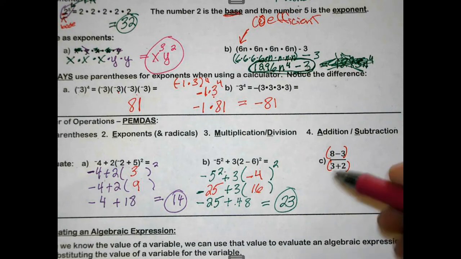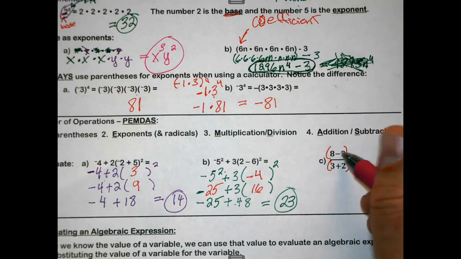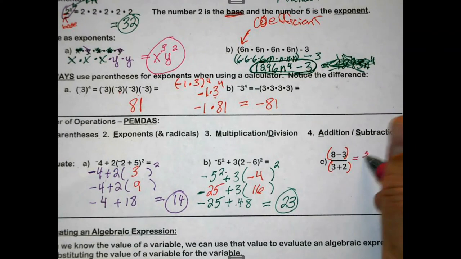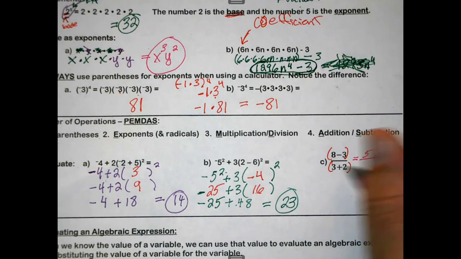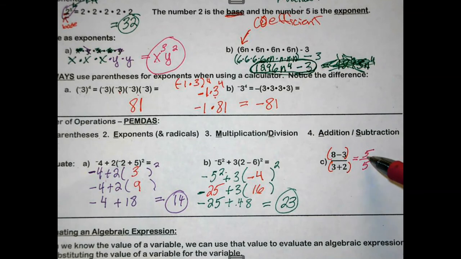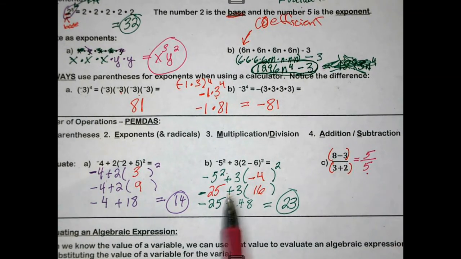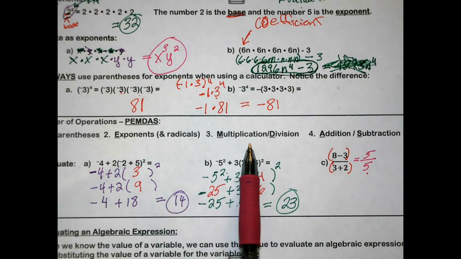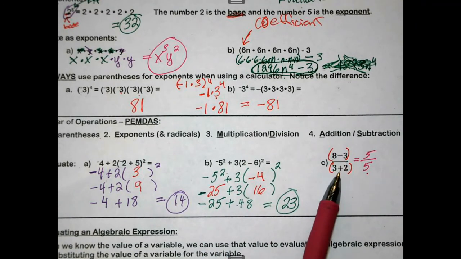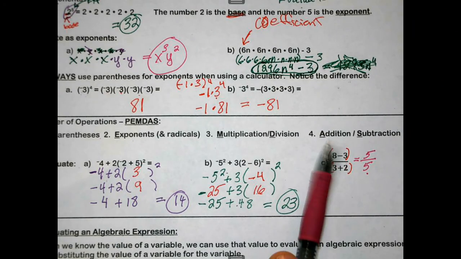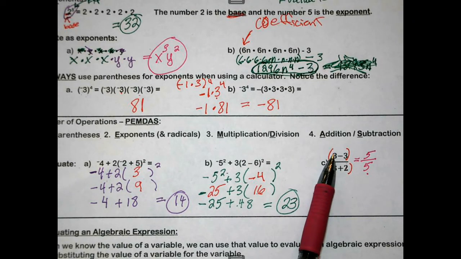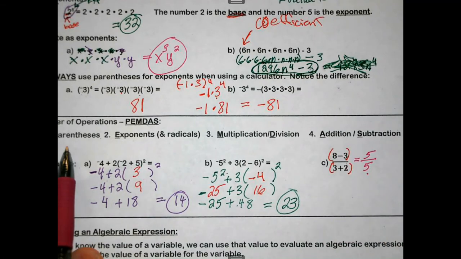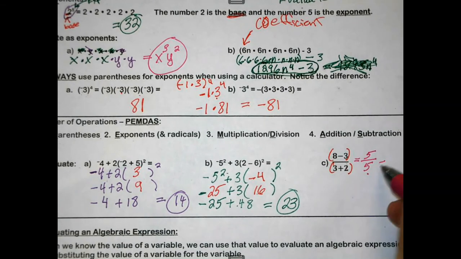On these problems, you have to do the numerator first because there's two terms. 8 minus 3 is 5. 3 plus 2 is 5. Then do the division. If I didn't put those parentheses around there, I may have done the division first, 8 divided by 3, negative 3 divided by 2 first. It's easy to do. So put those parentheses on there. That'll force you to go back to the beginning of PEMDAS. Then do your division. 5 divided by 5 is 1.